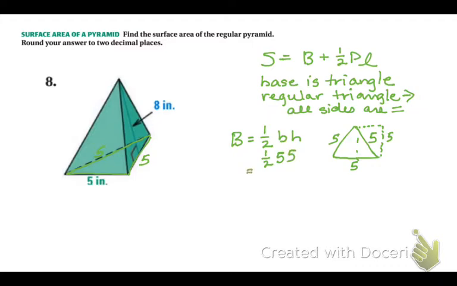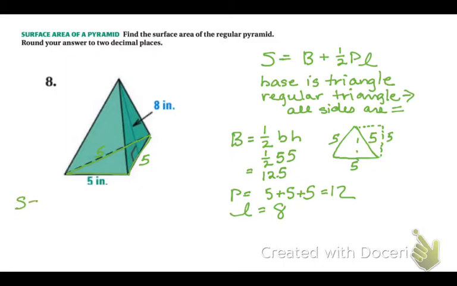So 5 times 5 divided by 2 is equal to 12.5. Our perimeter is going to equal 5 plus 5 plus 5 equals 15. And then our slant height L is given to be 8.